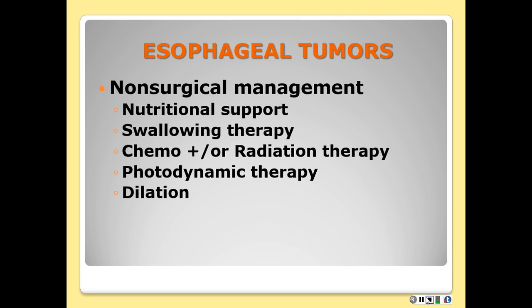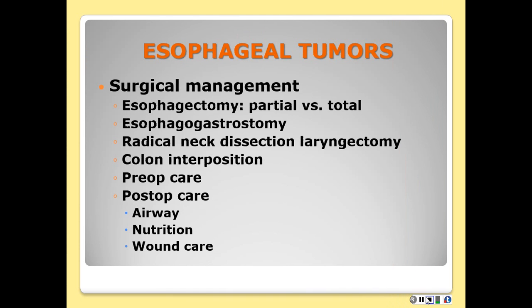Now, your surgical care for this is pretty radical. Esophagectomy, where they actually remove part or all of the esophagus. Esophagogastrostomy, where they remove the esophagus and the upper part of the stomach.